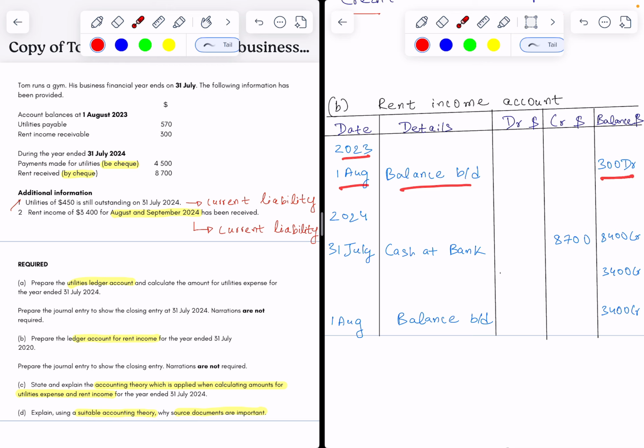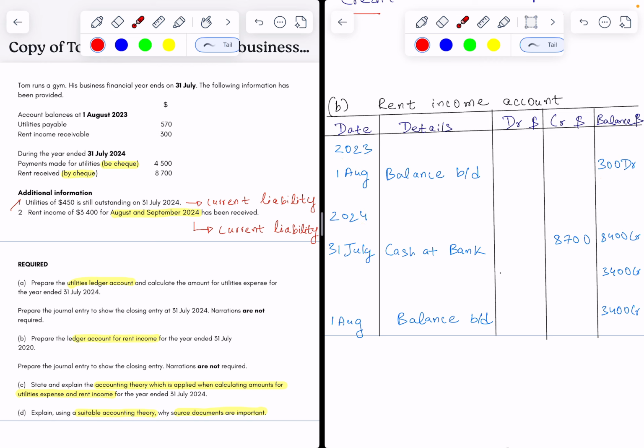Because this is a current asset, okay? Then, during the financial year ending 31 July 2024, we remember that we have received some funds in our bank account for rent. When we receive funds in our bank account, our cash at bank account goes up. Therefore, we will debit the cash at bank account, but at the same time, we will credit the rent income account.